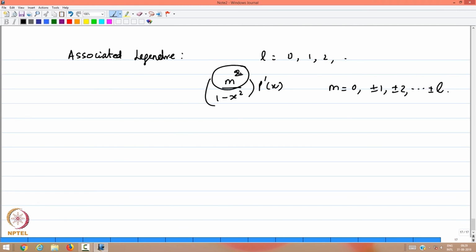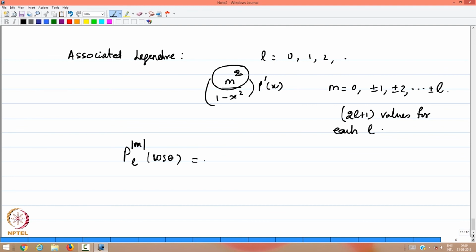Therefore, both signs are accepted. Therefore, m is going to take 2L plus 1 values for each L, and such a polynomial is usually written in terms of P_L with the magnitude of m, of cos theta.